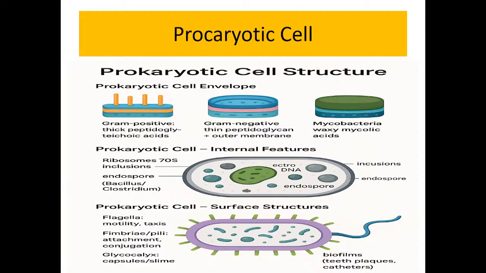Somebody who is putting on very thick coats and somebody who is putting on very thin, you will agree with me that the one that has a very thin one will be easy to catch cold, rather than the one that is thick already. And in addition to being thick, some microorganisms also have the presence of waxy mycolic acid.